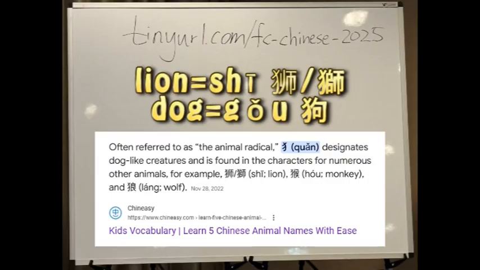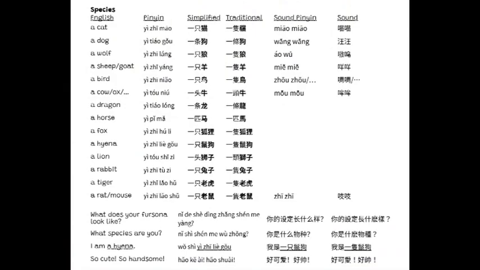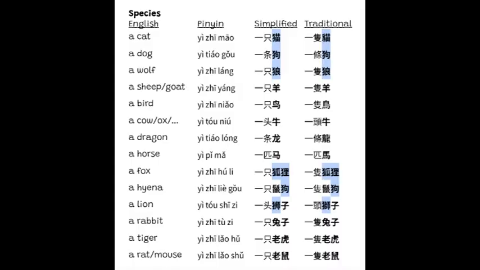In this case, this side of the writing usually means it's something related to animals, I guess. It could be that, but it could also be many other things. But you can already find some other characters with it: the cat has that, the wolf has that, the fox has that, the lion has that.